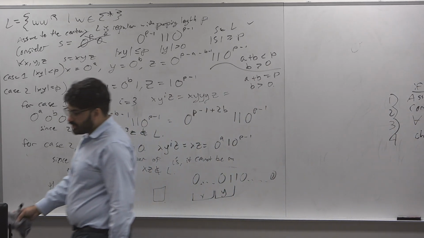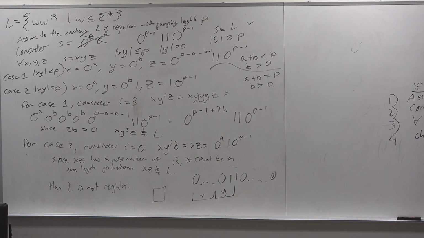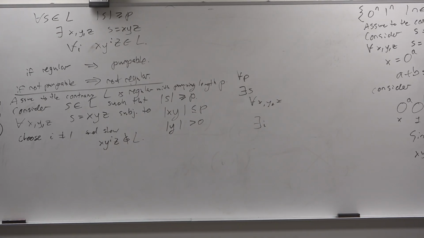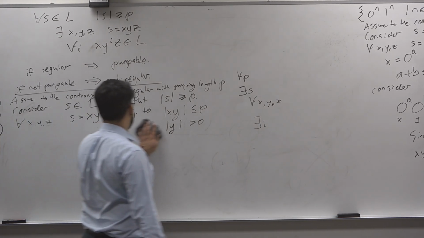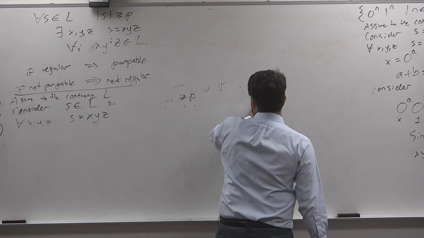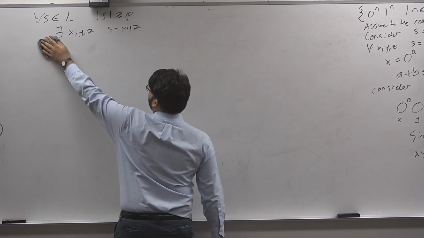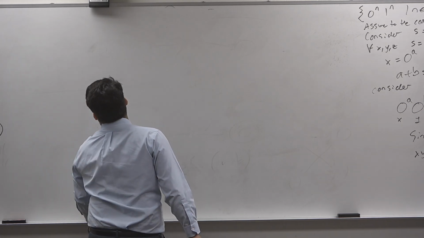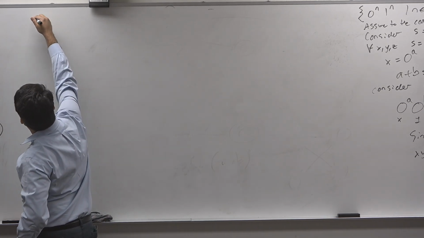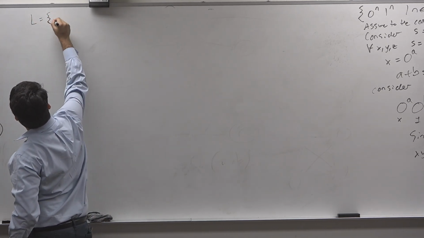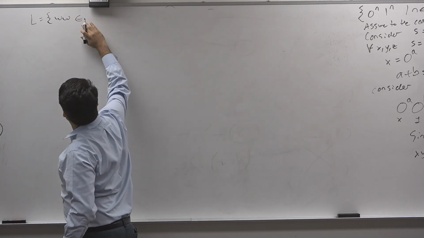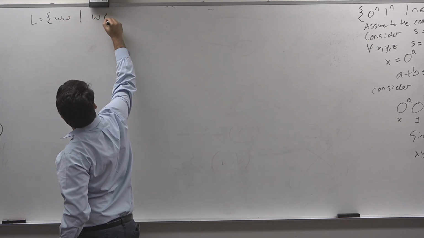Questions on this? Let's redo the proof, actually, and just make it easier. So by redo the proof, we're actually going to do it for a different language. Consider the other, this is the third canonical non-regular language: ww, such that w is an element of sigma star.